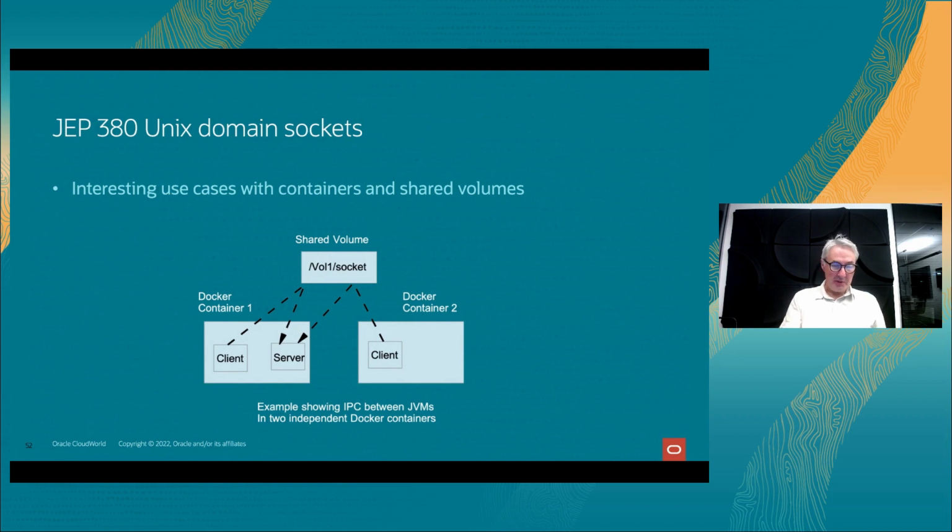So container 1 could bind a socket to a path name such as /vol1/socket in the shared volume, and then the second container can connect to the server through that name in the file system. So this is a kind of useful ability to allow for inter-container communication. Sometimes that can be slightly more difficult to set up using TCP/IP sockets than as shown here.